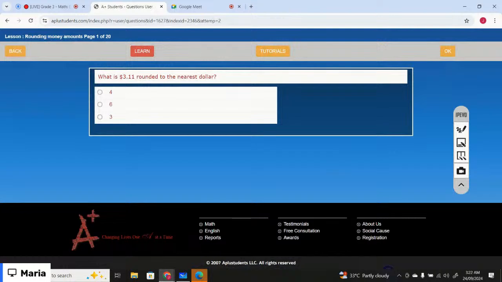What is 3.11 rounded to the nearest dollar? So which is the correct option? 3.11 is rounded off to.